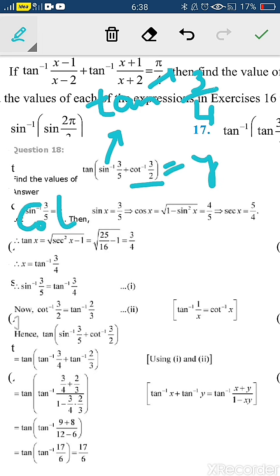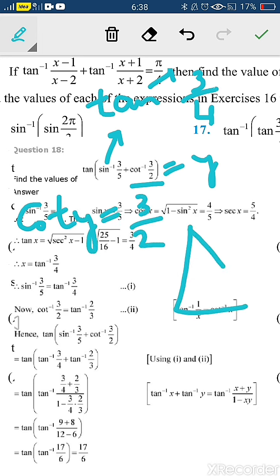Therefore what I get, cot y is equal to 3 by 2. Again we can apply the Pythagoras theorem here, right? What is cot y? That is base upon perpendicular, right? So this is y, this is 90 degrees, base is 3 and perpendicular is 2.